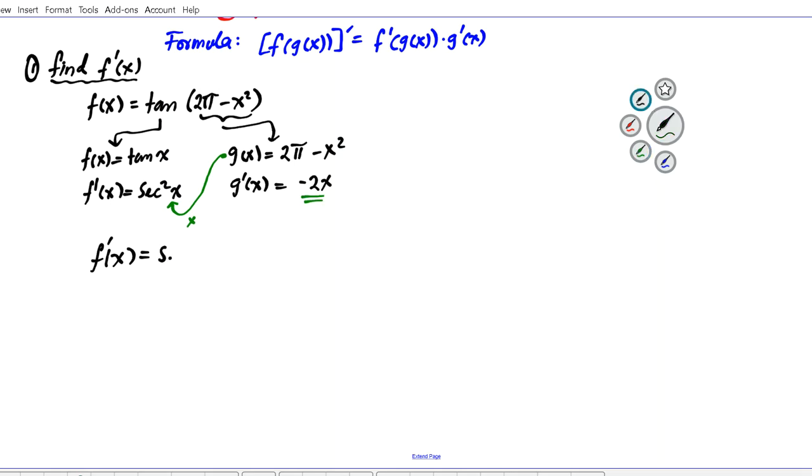It's going to be secant squared, instead of x we have 2 pi minus x squared, times the derivative of the inner, which is negative 2x. So we can rewrite that as f prime of x is negative 2x secant squared of 2 pi minus x squared.